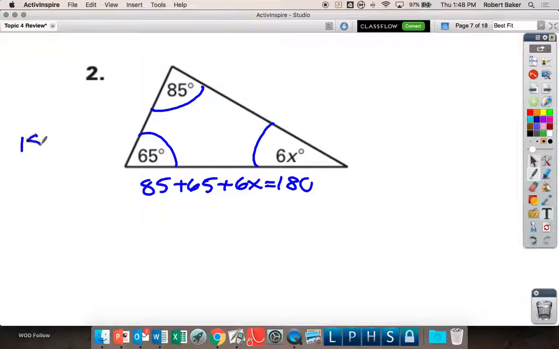And I said 180 minus 150 is 30. So I know that this angle is 30. Then I said that 30 equals 6x. They're still both the exact same equation. One is easier to set up, one is easier to solve. They still generate the same answer of 5.